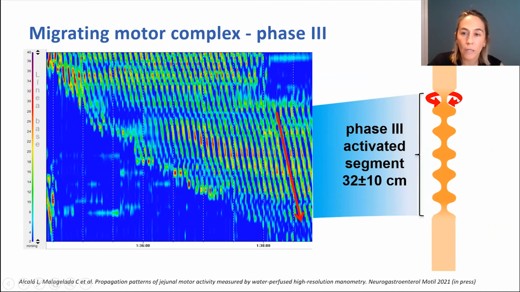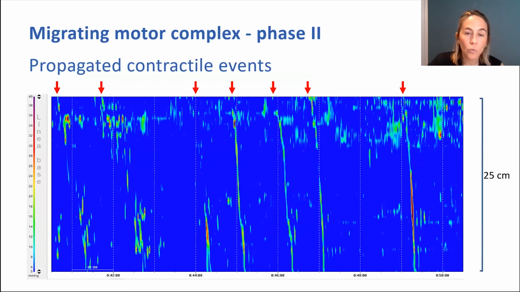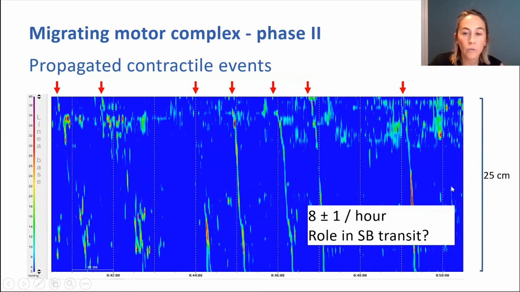If you have a look at this picture, you can imagine these very fast contractions traveling down this segment and squeezing the small bowel and moving content rapidly down into the colon. Again, phase 2 before phase 3 also has propagated contractions, which were not detectable using conventional catheters. We are detecting these contractions approximately 8 per hour, and we expect these propagated contractions to have an important role in small bowel transit.